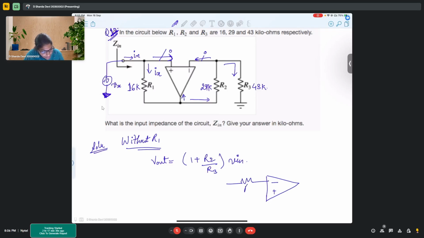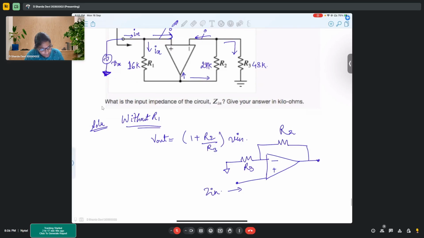Here you have your R3, here is your R2, this is connected to ground. Now what is happening is we want Zin from here. What is creating a problem is this R1 positive feedback that has been attached.